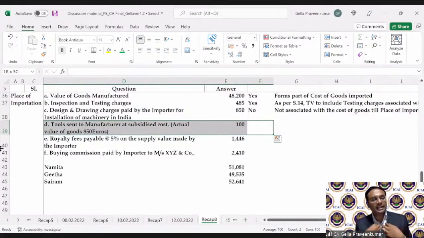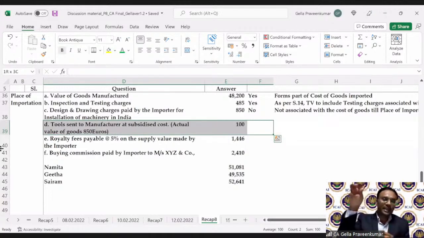Now what is happening here? The tools belong to me. Assuming for a moment Praveen is the importer, and Priya happens to be an exporter. Priya needs these tools for the purpose of manufacture. Praveen has exported these goods at 100 euros. Those goods have been used for manufacture and have come back. Now, the value of goods which have come back is at a subsidized rate, not at actual cost. What if Praveen does not supply these tools?